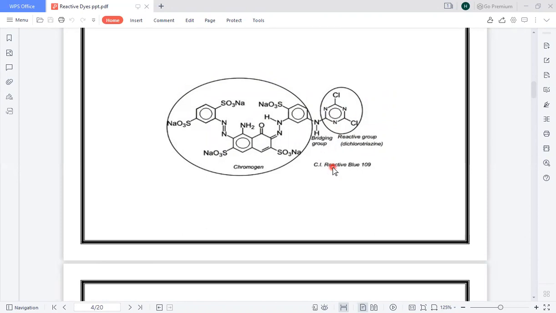The chemical name of this reactive dye is Reactive Blue 109. This one is the reactive group, dichlorotriazine, and the amine group is the bridging group in this example, and this one is the chromogen that gives the color to the dye, and these are the solubilizing groups that would solubilize the dye in the solution.